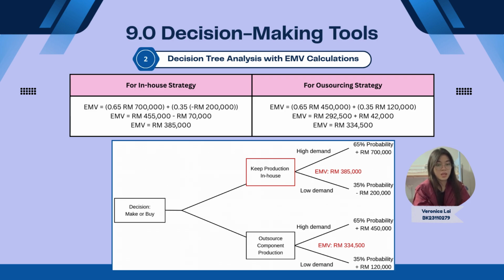Comparing the two, the in-house strategy clearly delivers a higher expected value at 385,000 ringgit Malaysia versus 334,500 ringgit Malaysia for outsourcing. So, from this perspective, keeping production in-house is the better long-term move, especially when we account for market volatility and the potential to maximize returns during high demand periods.